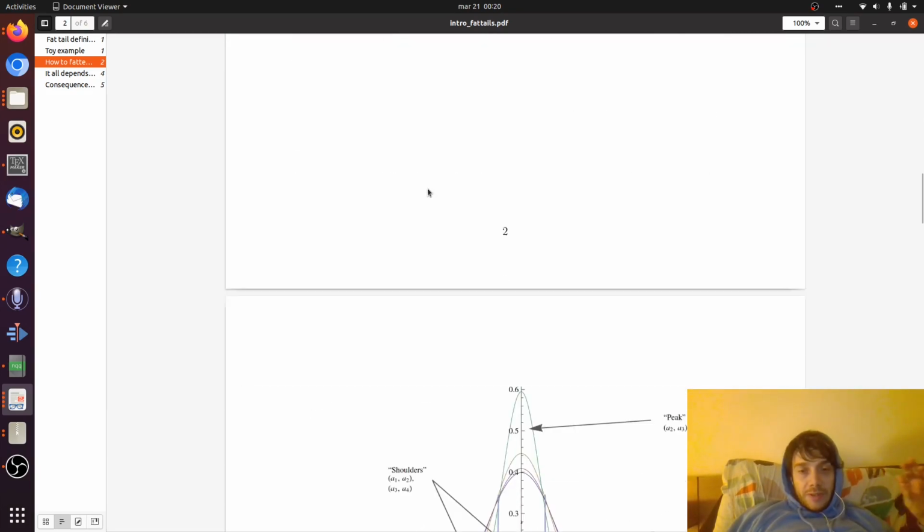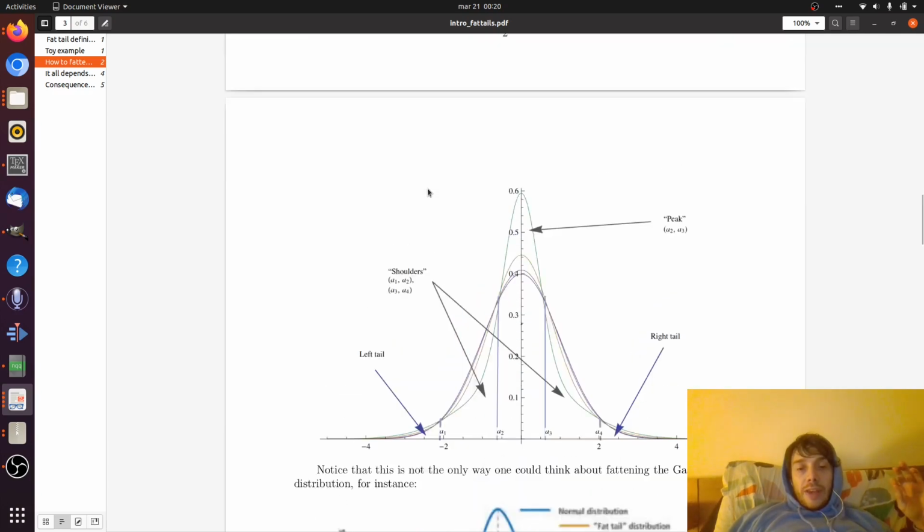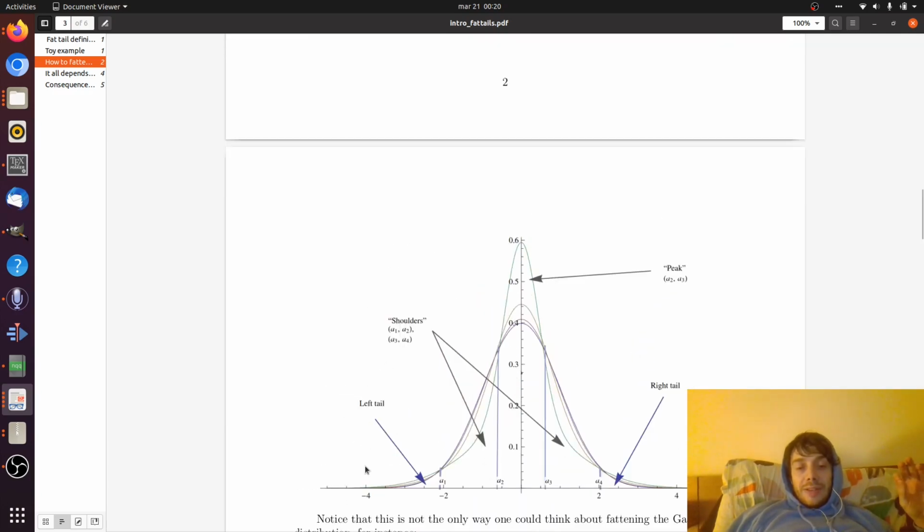With this specific way, the figure that's going to appear is going to be something like this. Here in light green, you see the fattened version of a Gaussian distribution. Here in dark blue or black, you see a Gaussian distribution. And this in light green is the fattened version of a Gaussian with Taleb's nice way of fattening.